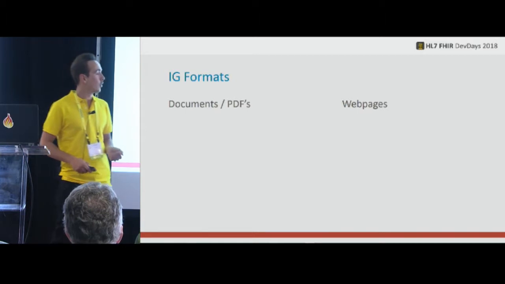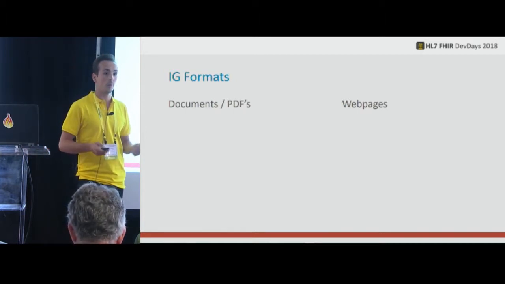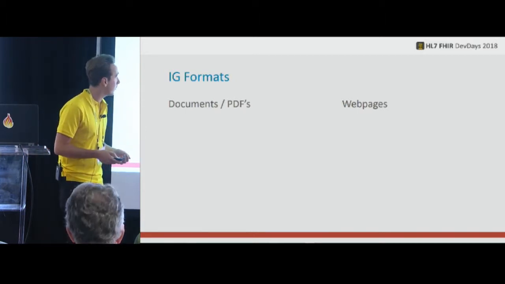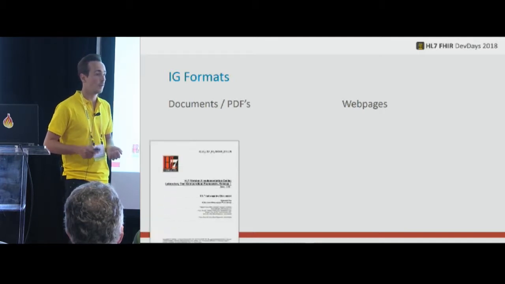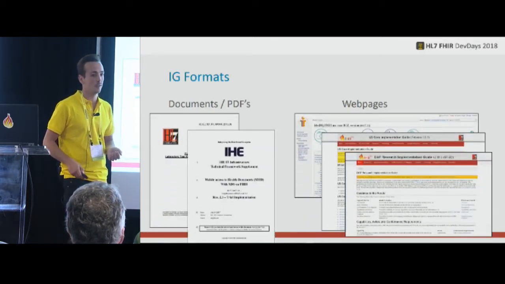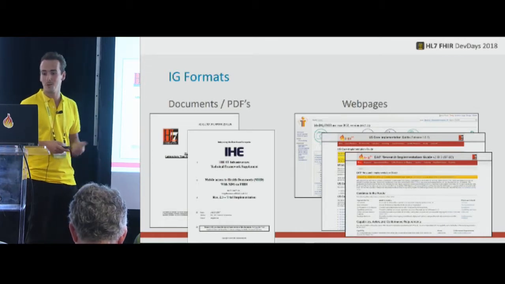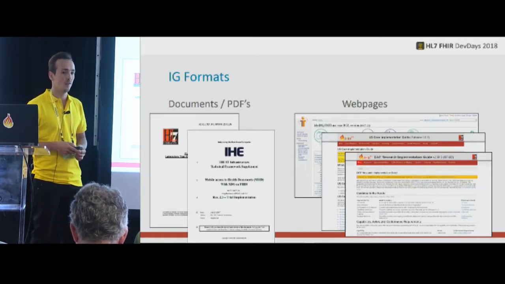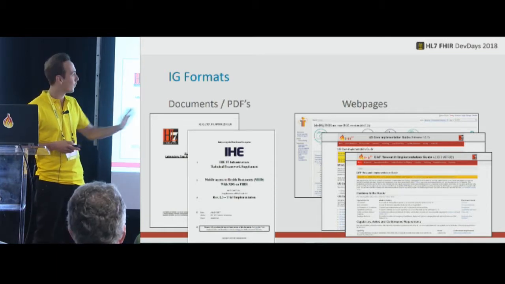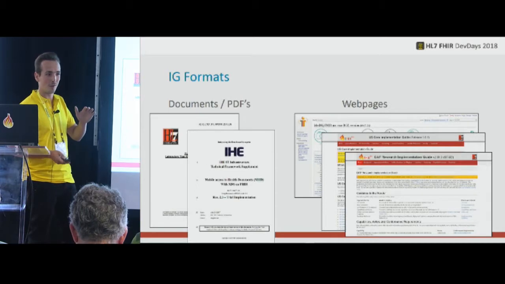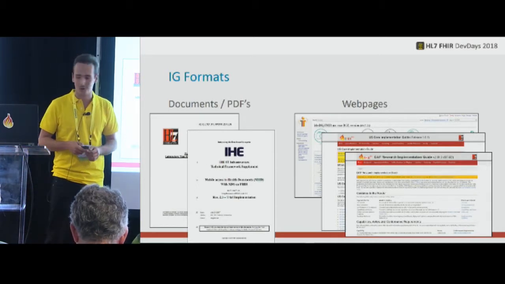If we look at the publicly available guides, I think we can define two types: the old-fashioned PDFs and large documents, and the nowadays more available web pages. If you have to choose between these forms, I will definitely recommend going for the web pages instead of handing over a very big document or documents.